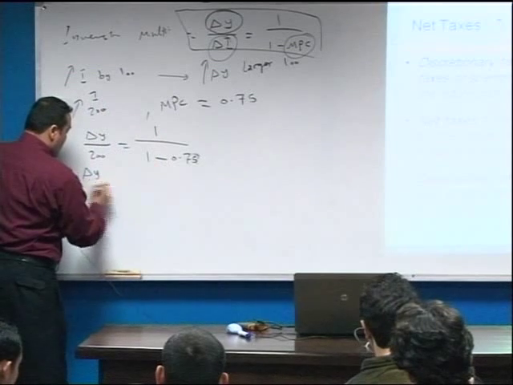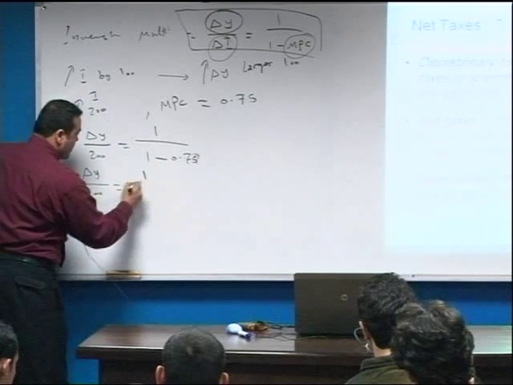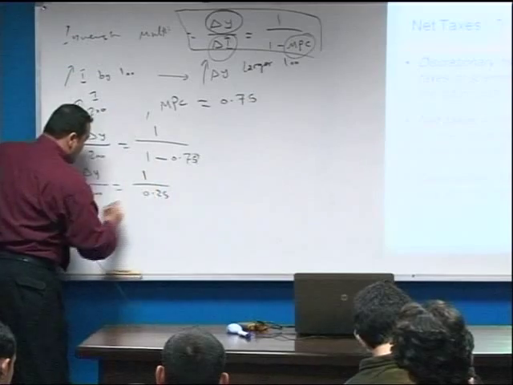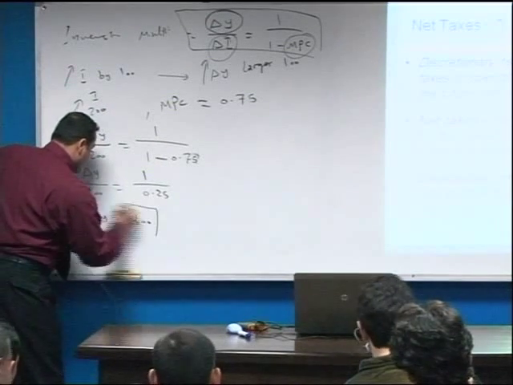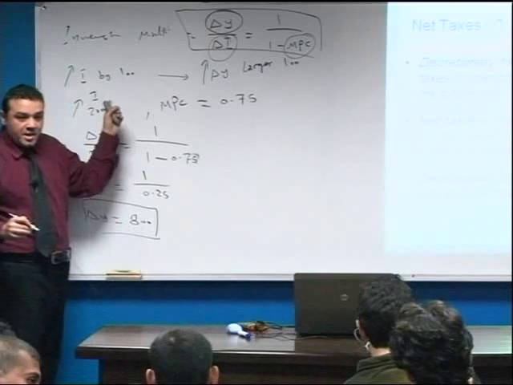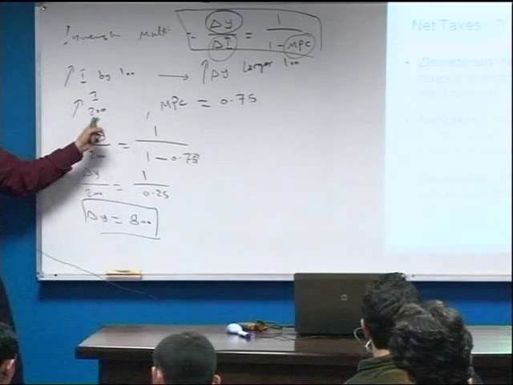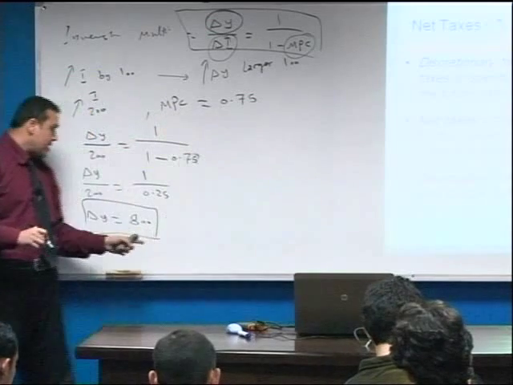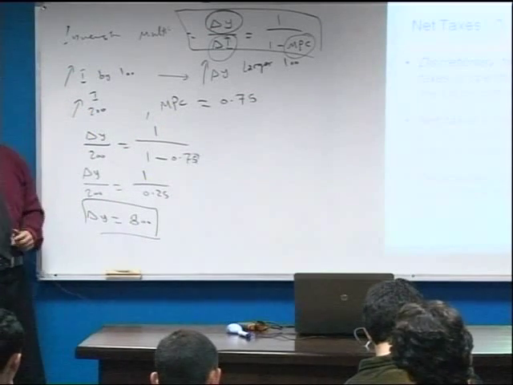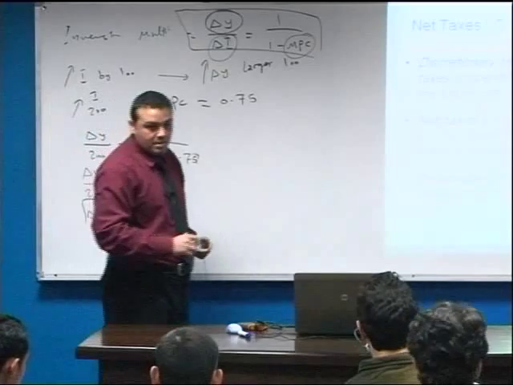So delta y over 200 equals 1 over 0.25, so delta y equals 800. As you see, increasing investment by $200 million when the MPC equals 0.75 increases aggregate output by $800 million, right?